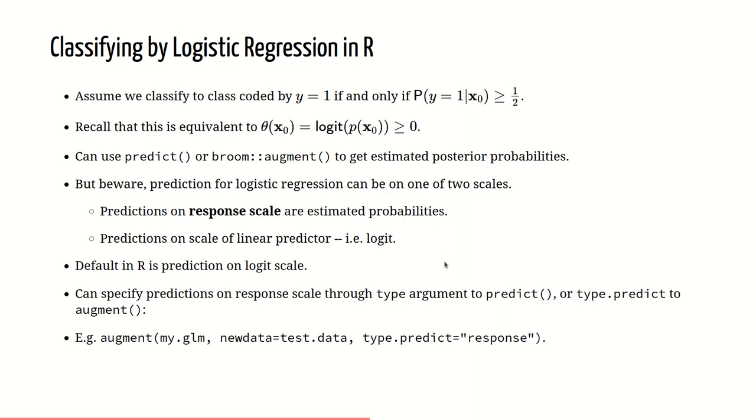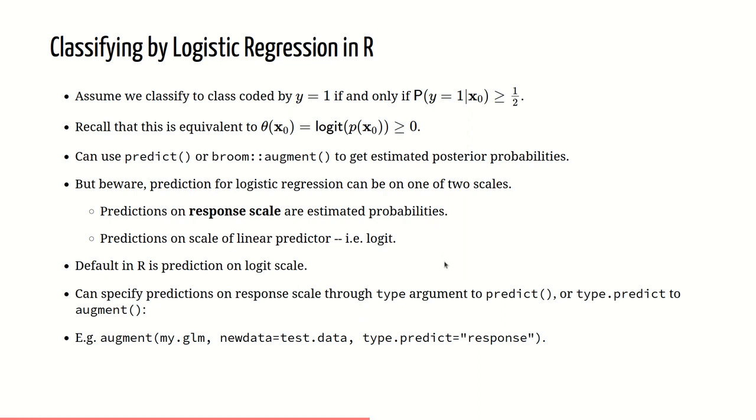Now we can use predict or augment from the Broom package to estimate the posterior probabilities as well. But one thing you've got to note is that prediction for logistic regression, in fact for any generalized linear model, is on two scales. So predictions can either be on the response scale, which is the y scale, so that'd be a probability between 0 and 1, or they can be on the scale of the linear predictor.